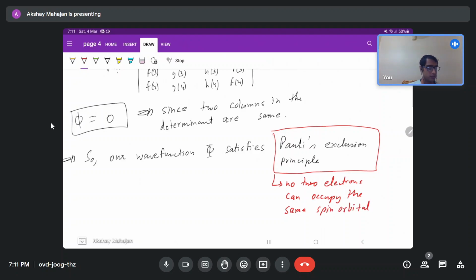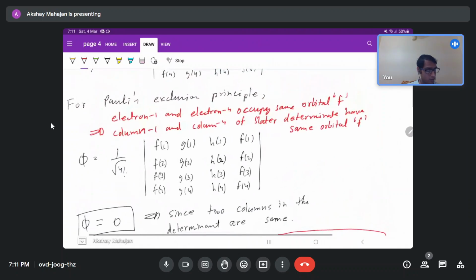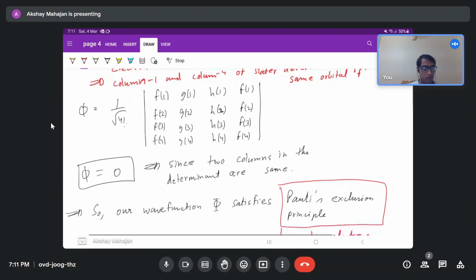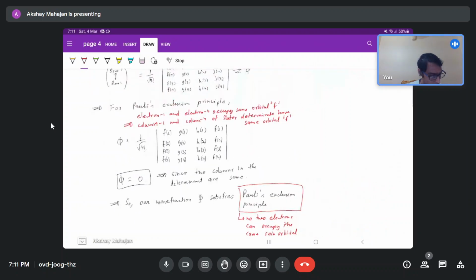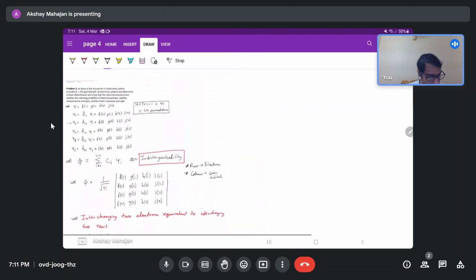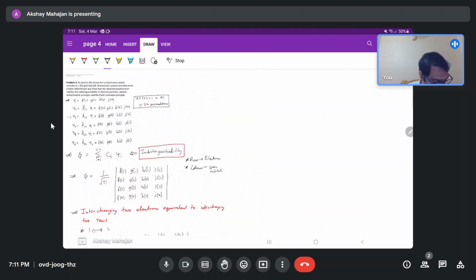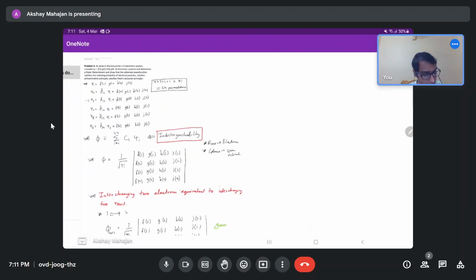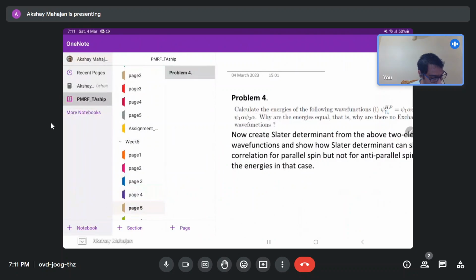Because as we are seeing, if two electrons occupy the same spin orbitals, two columns are the same and our determinant is 0, so our electronic wave function becomes 0. Okay, so this is for the Slater determinant for four electrons. Let's move on to the next problem.